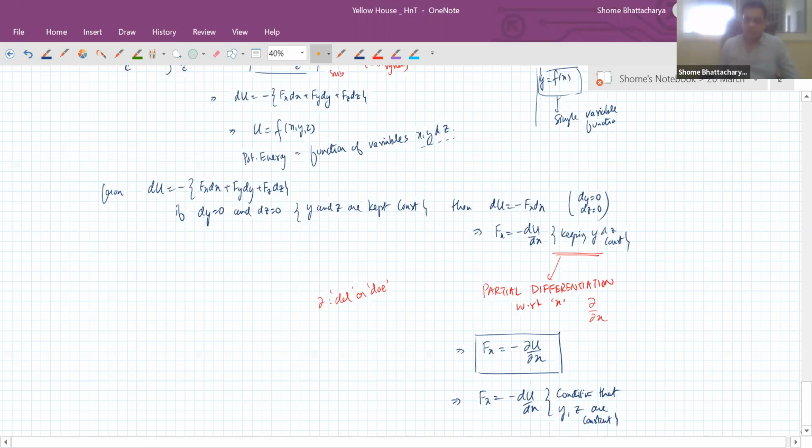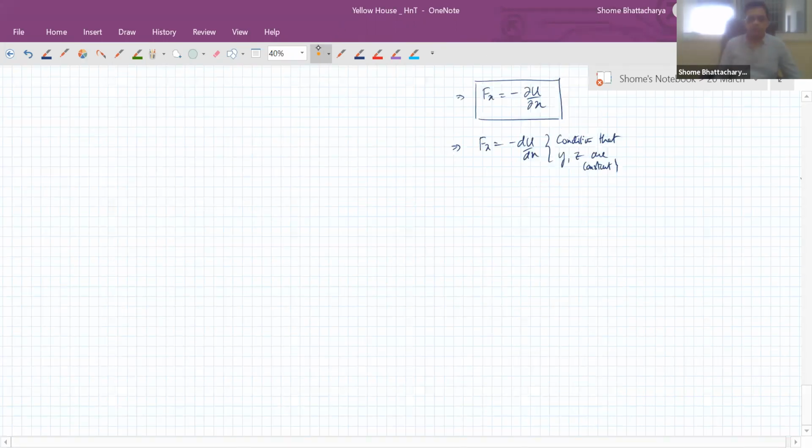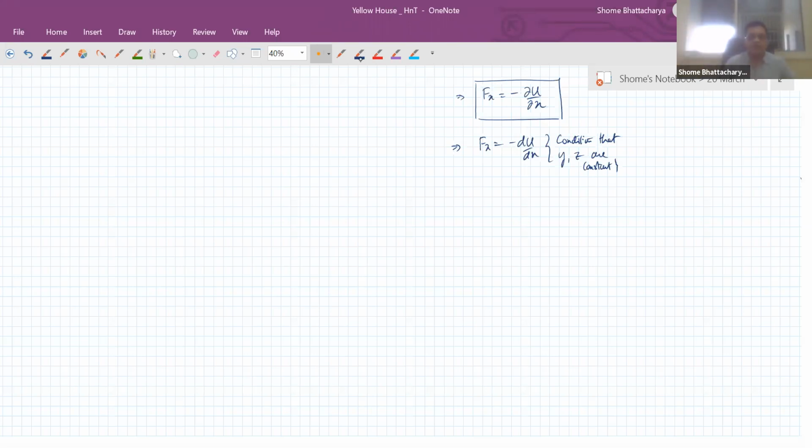Now, very similar to this, what we can do is for potential energy relation with Fy and Fz.